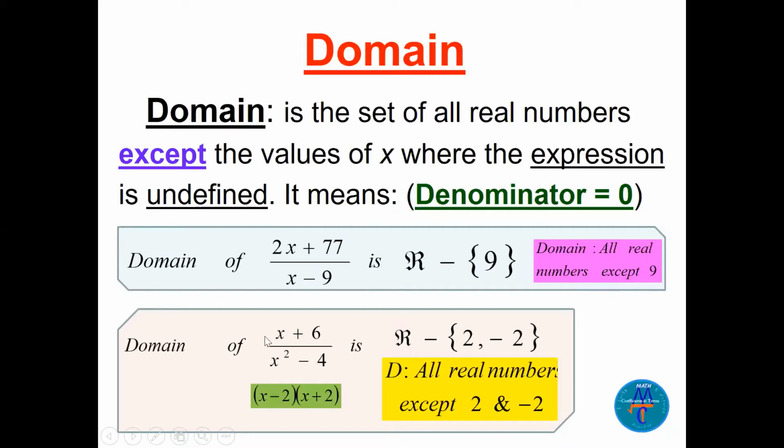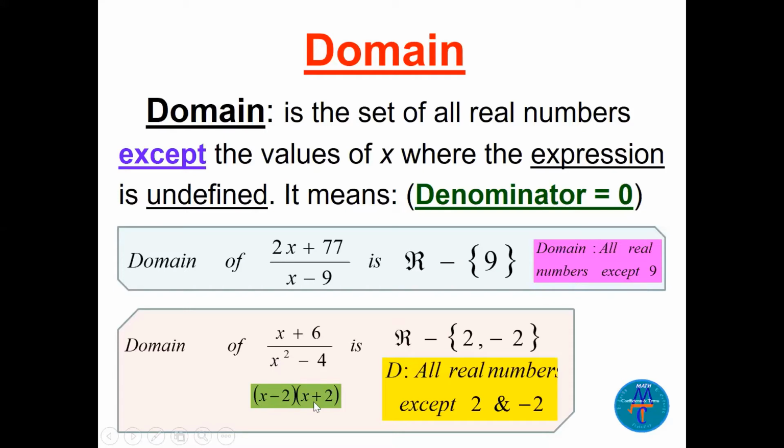Let's see another example here. x plus 6 over x squared minus 4. Now we care about the denominator here. If we factor this denominator, x minus 2, x plus 2, difference between two squares, we can see clearly what will make the denominator 0, which is 2 and minus 2.